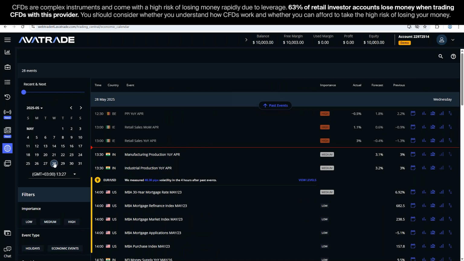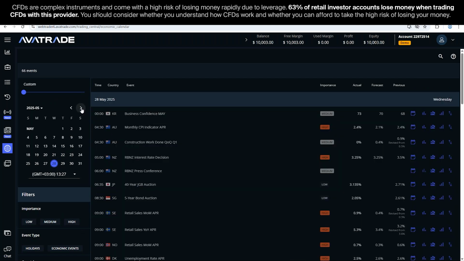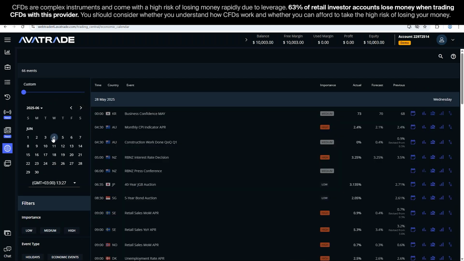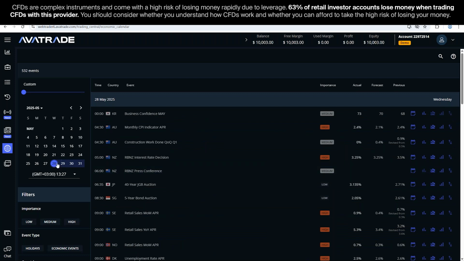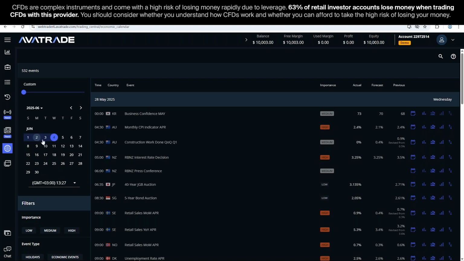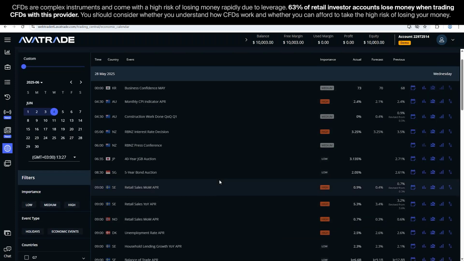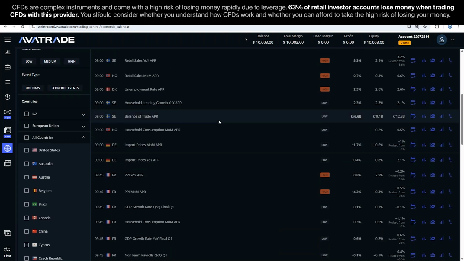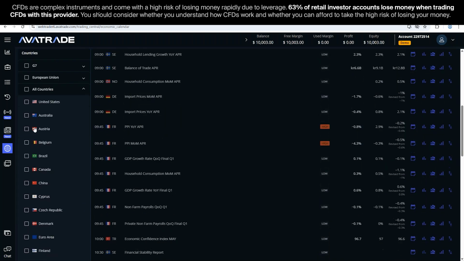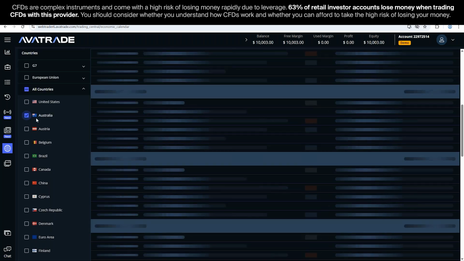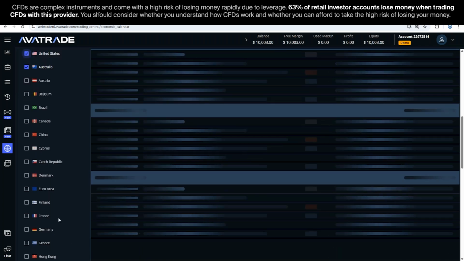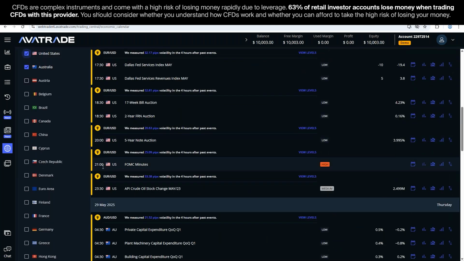So we're going to click here on the 28th, click on the arrow to go forward, click on the 4th, which is next Wednesday. And once we have this blue trail around our dates, we know that they are selected. And we can see all kinds of various things which are not necessarily related to what is in our portfolio. What if we want to focus only on the Aussie, only on the pound, and only, let's keep it like this.